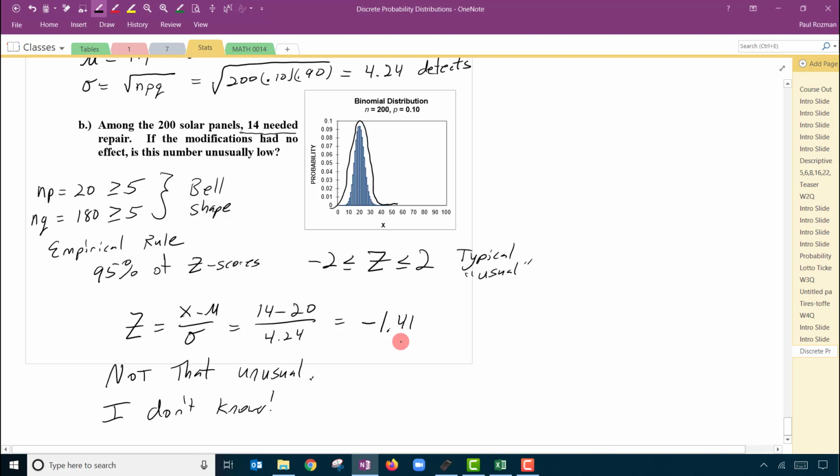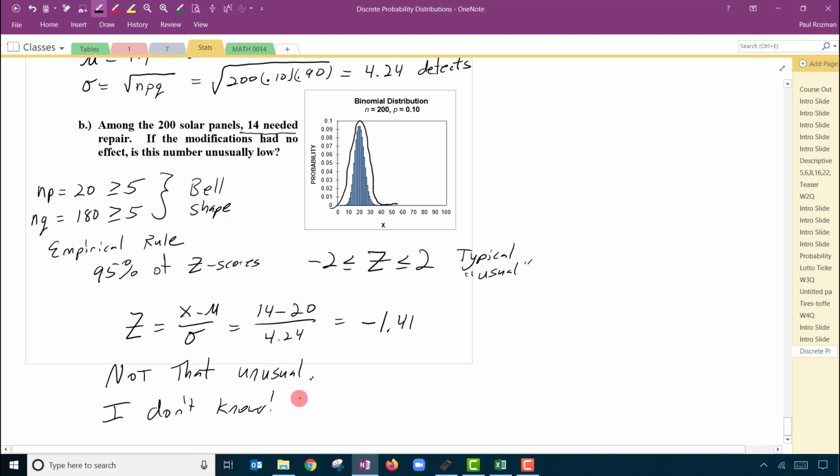After I modified things, I got a result that is way different from what I would expect had I not modified things. So in this case, because I ended up with a value between -2 and 2, I really can't tell. I'm happy that I ended up with a negative number, but I think I would need to continue studying this problem in order to make a strong conclusion about whether or not the modifications really helped.